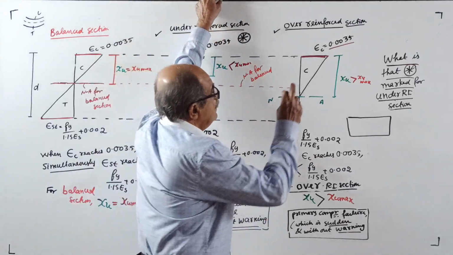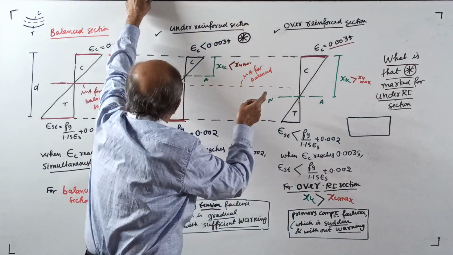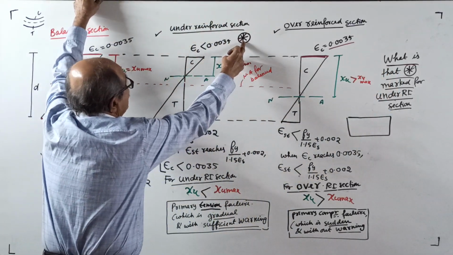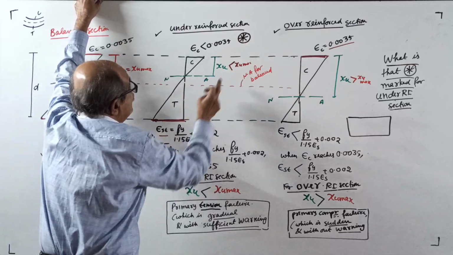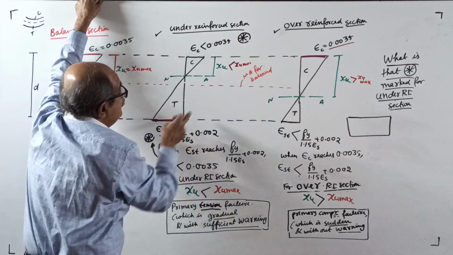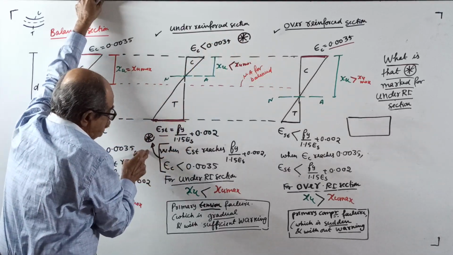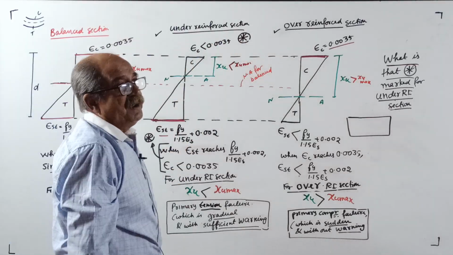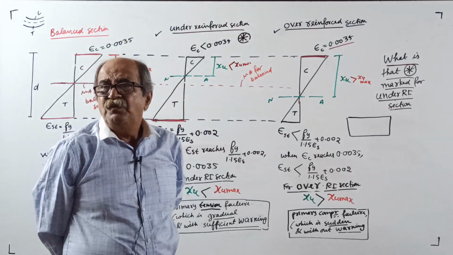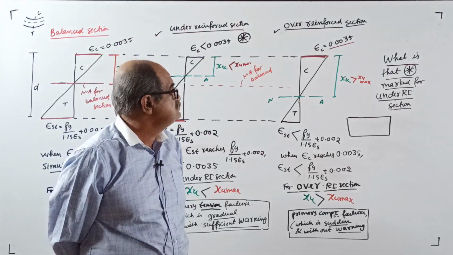Then I will tell the actual meaning of the star written here and the star written here. One star is for this one, and one more star is for this one.